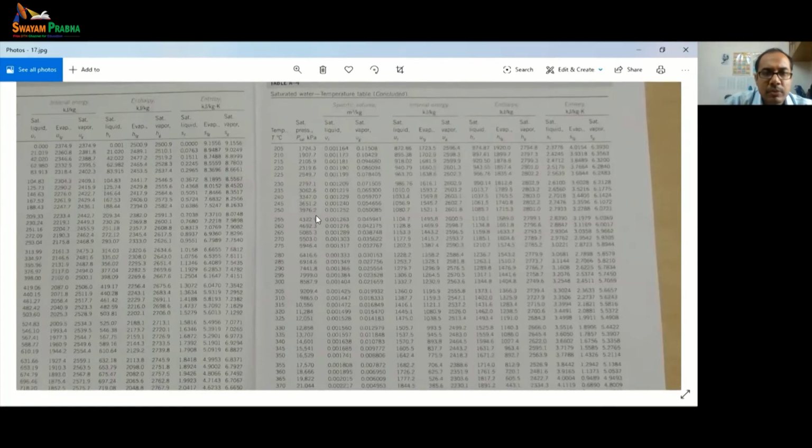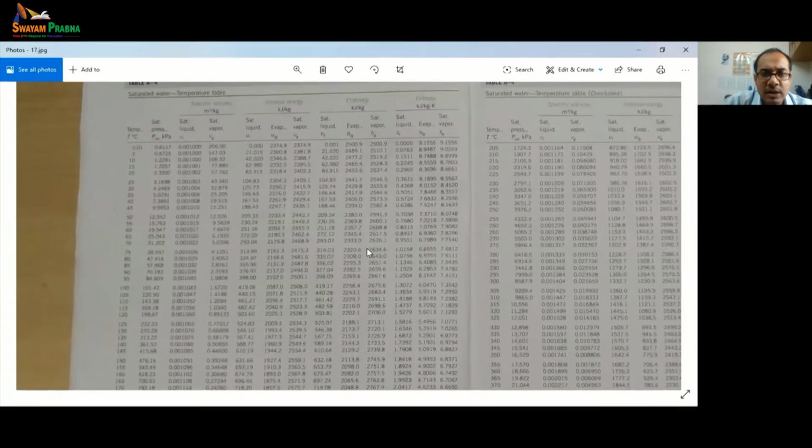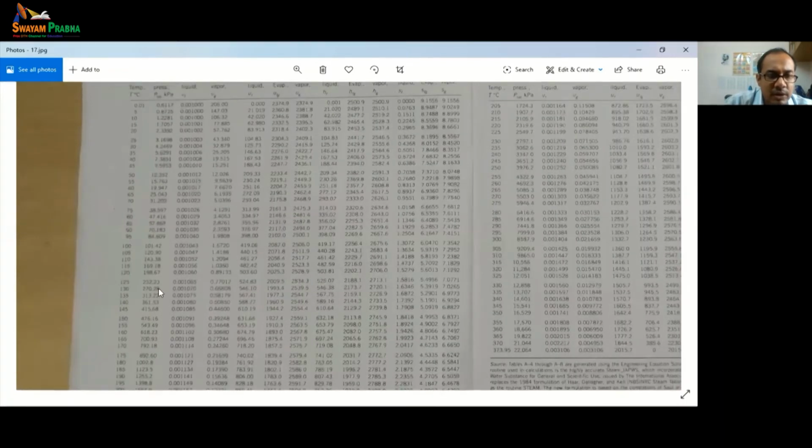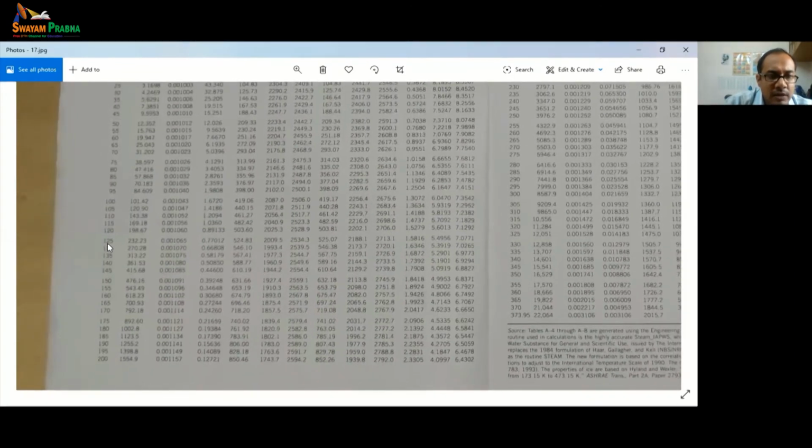First thing we have to find out is the specific volume for state 2, right? So state 2 is 124 degrees centigrade, saturated vapor. Here we don't have any value corresponding to 124 degrees centigrade, but we have 125 and 120.